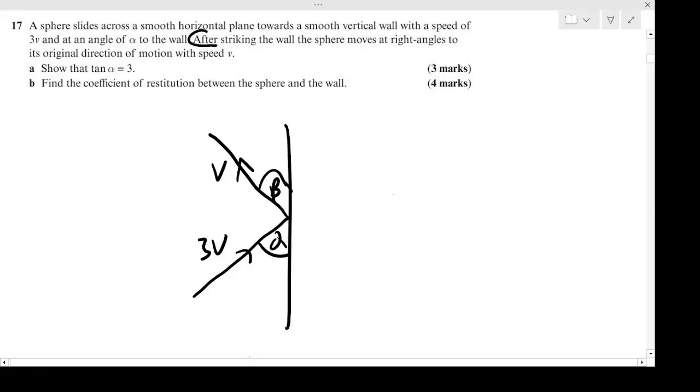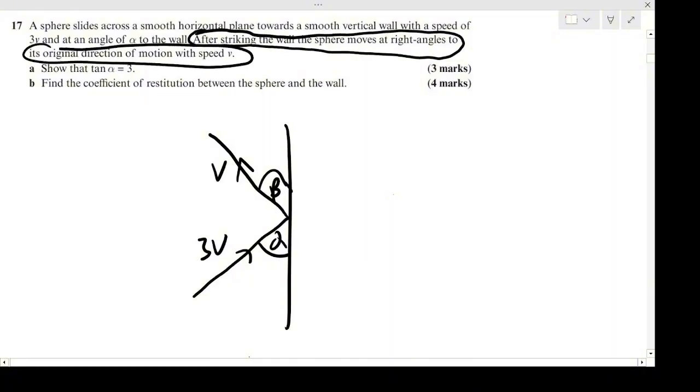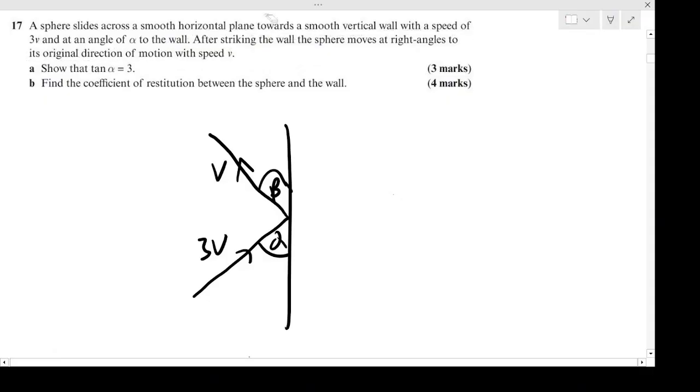They've also told me, after striking the wall, the sphere moves at right angles to the original direction of motion. What is that referring to? It's saying after it hits the wall, it turns by 90 degrees. It turns at a right angle. What exactly is that referring to? It's referring to the angle of deflection.